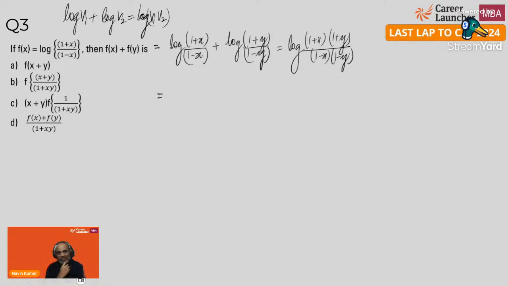Okay, excuse me. Now let's open this (1 plus x) into (1 plus y). So this is going to be 1 plus xy plus x plus y. And our denominator is going to be 1 plus xy minus x minus y.